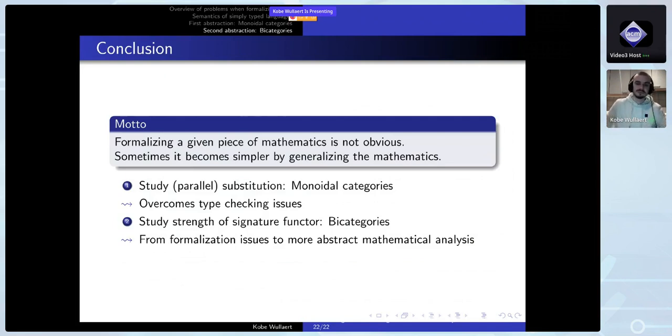Oh yeah, what I was planning on saying about that is that this signature functor is of a very specific kind, and what you just need is the structure of categories. And so instead of considering just monoidal categories, you can also just work with categories and use the theory developed for that.